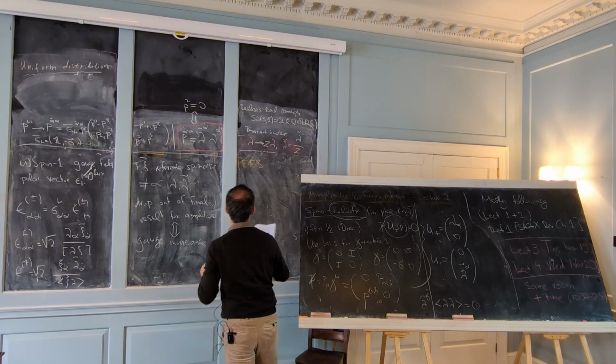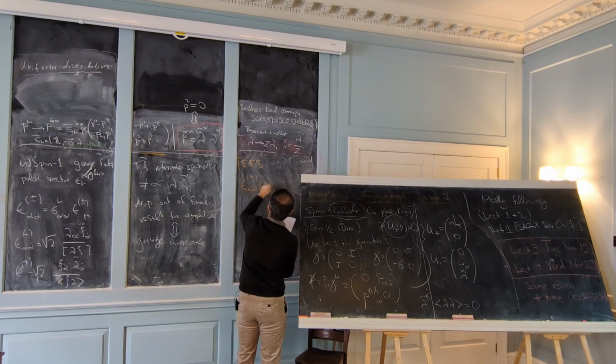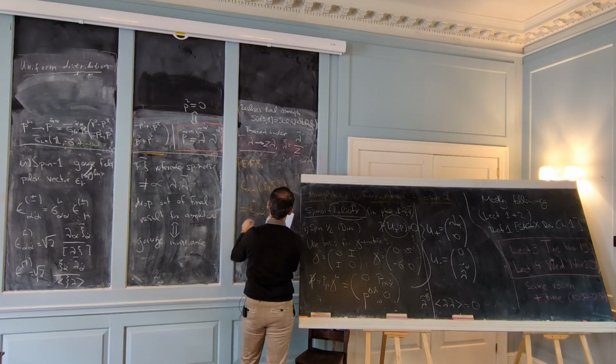So you can show that if you change xi a little bit, xi plus delta xi, then this will be an infinitesimal change in xi.